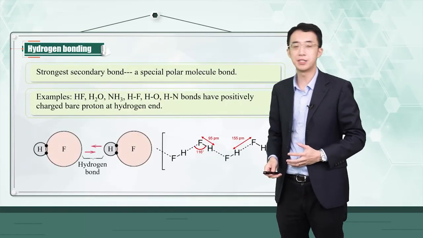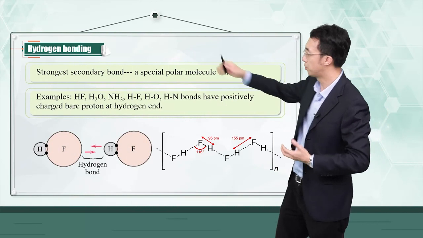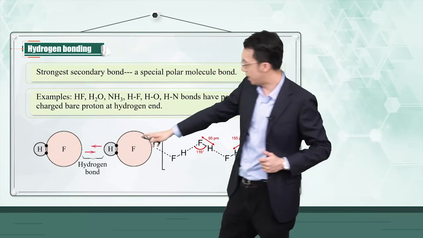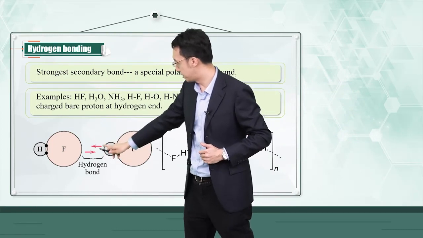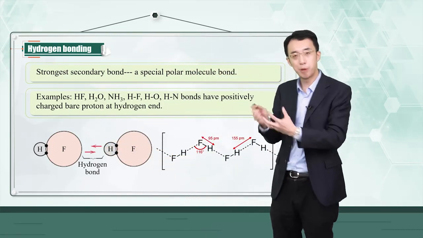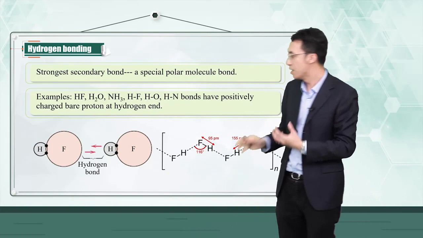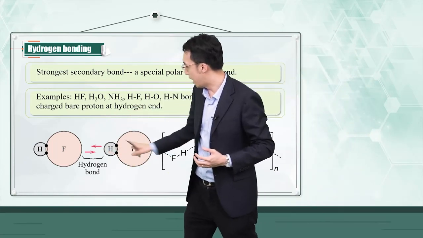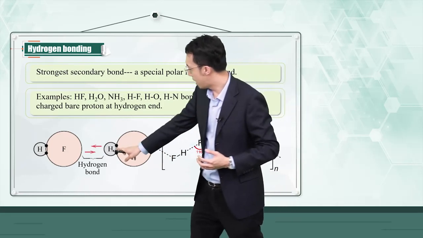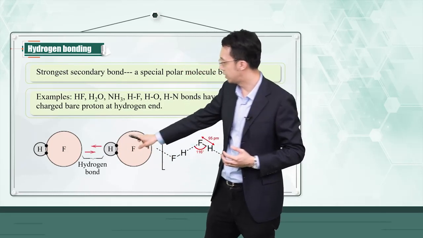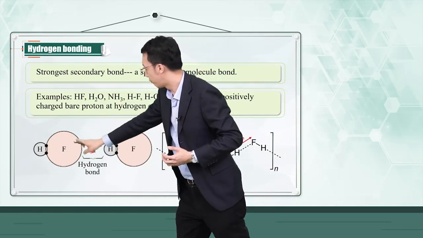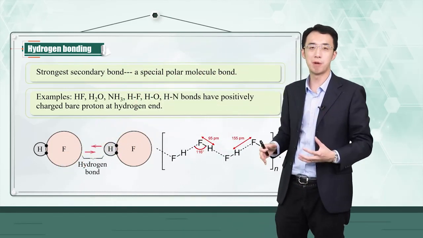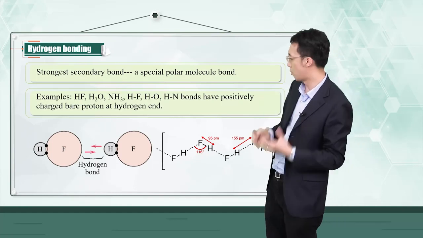A special case in the physical bonding is the so-called hydrogen bonding, where you have this highly positively charged hydrogen atom exposing to a neighboring molecule, so that, for example, you have an HF molecule here, and this hydrogen atom is attracted by this fluoride atom, so that their interaction becomes a hydrogen bonding, and the interaction is fairly strong.